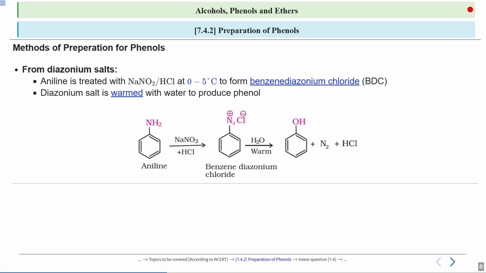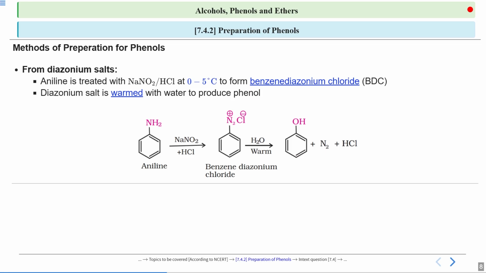So you have this reaction, you have taken the aniline, a primary aniline. This is primary because nitrogen is attached with 2 hydrogens and 1 carbon. So this is aniline. You react it with NaNO2 and HCl to convert it into a diazonium salt, that is benzene diazonium chloride. Benzene attached with N2 positive and Cl negative.